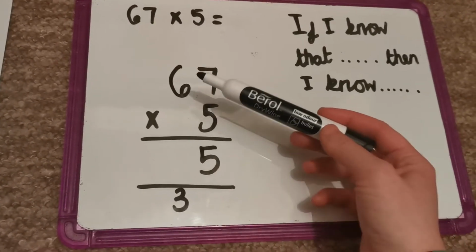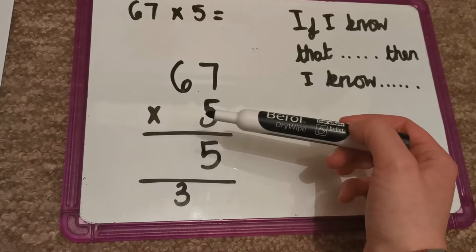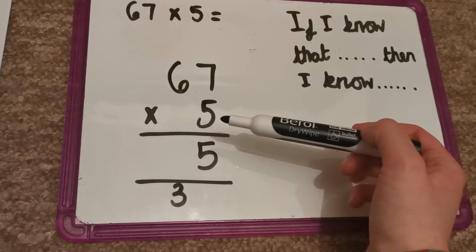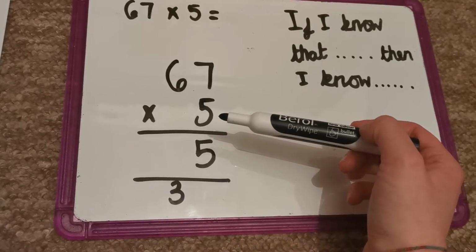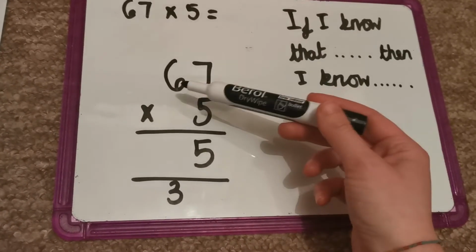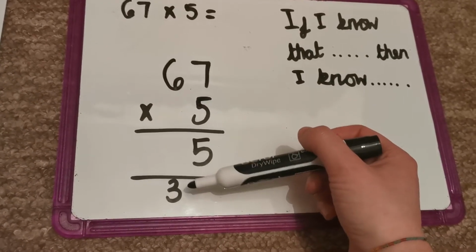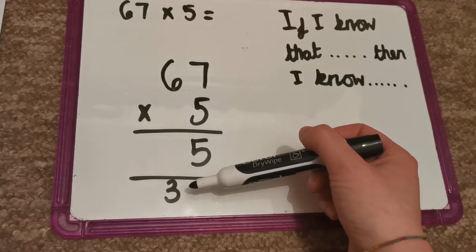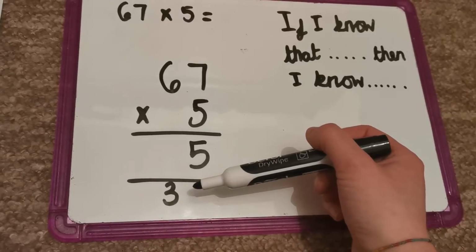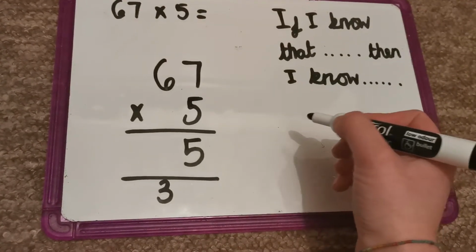Then I need to multiply 60 by 5. If I know that 6 times 5 is 30, because I just did 7 times 5, then I know that 60 times 5 is 300, but I have an extra 30 to add, so I now have 33 tens, which is the same as 330.